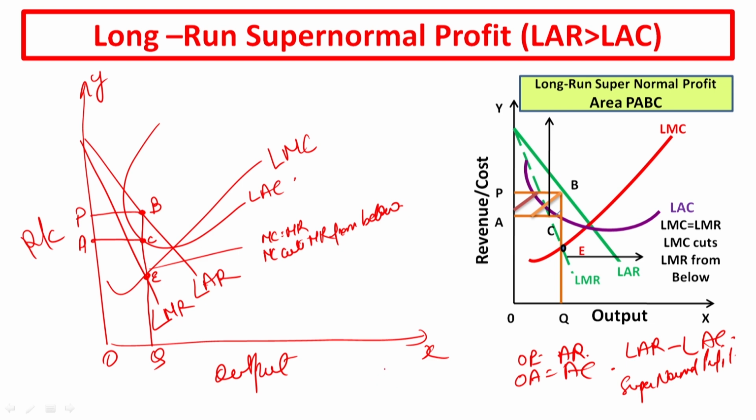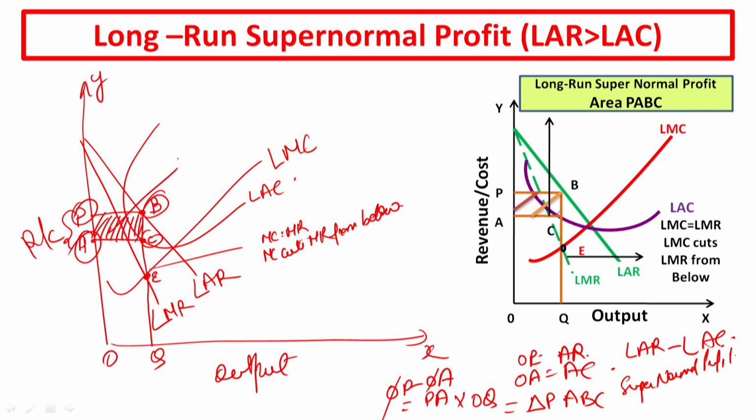When you multiply this profit per unit, that is OP minus OA, which gives PA, by the level of output, you get the area of supernormal profit, that is P, A, B and C. That means this is the supernormal profit for the long run of the firm under the industry.